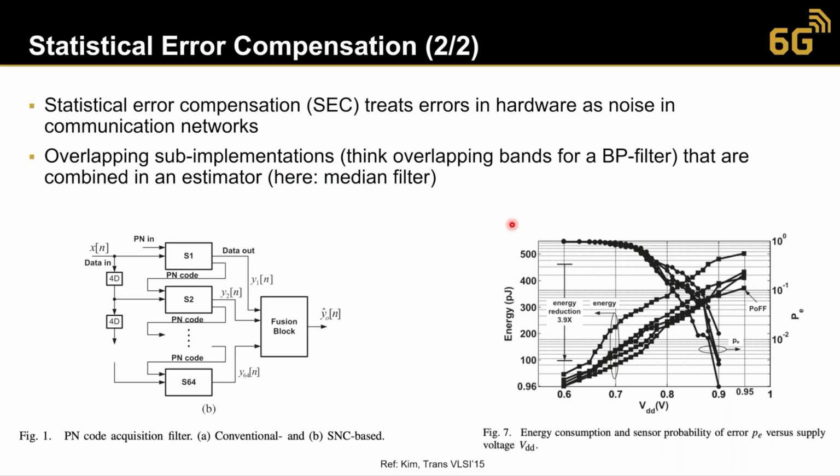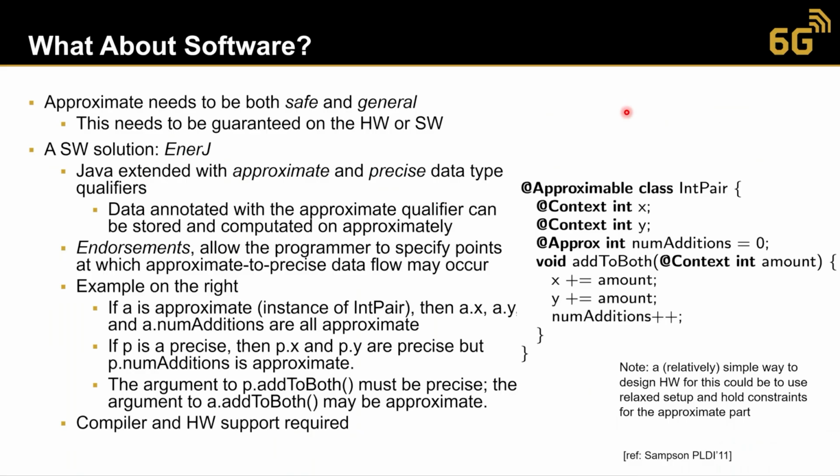Of course, approximate computing also needs software, and a nice solution has been shown at the University of Washington, where they design both approximate and precise data type qualifiers in Java. You can also do this with C or C++. And then they basically inherit that class throughout the code.